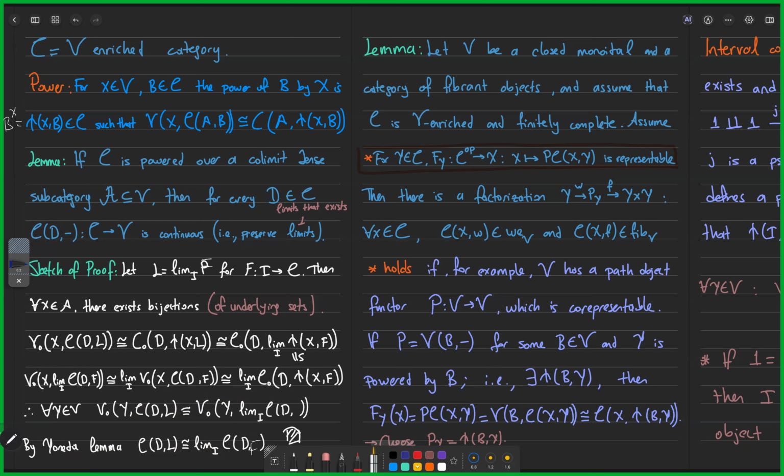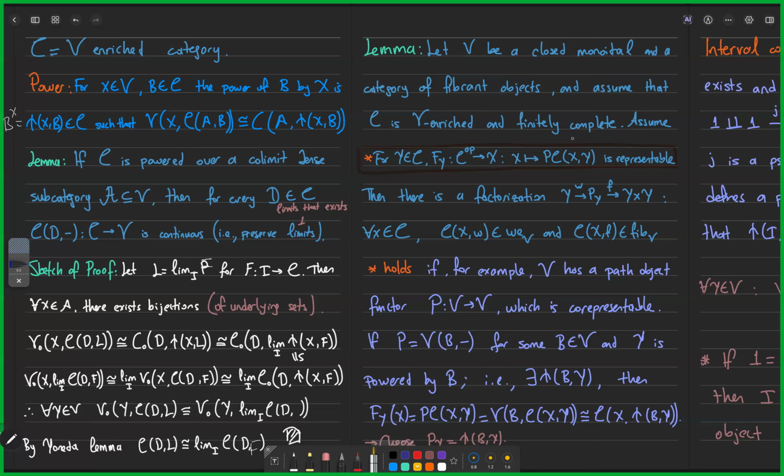And we have a lemma here for path spaces. Let V be a closed monoidal category with a category of fibrant object structure on it, and C is a V-enriched and finite complete category. Assume that C also satisfies the condition of the lemma, so it's powered over a colimit dense subcategory.